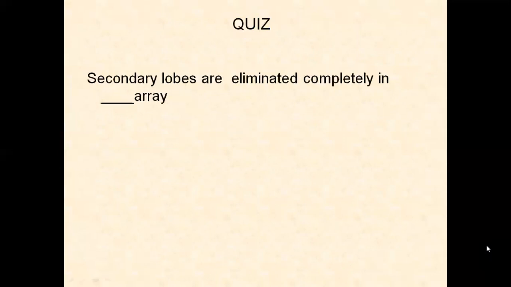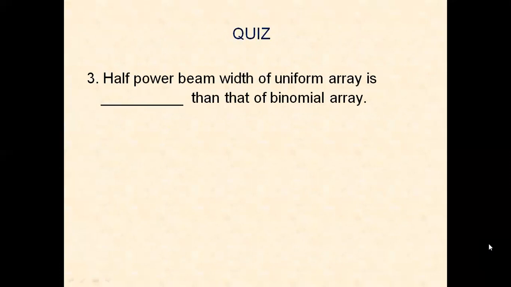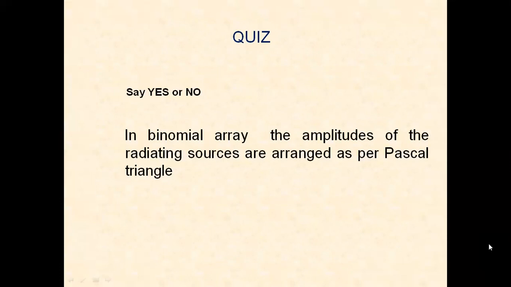The secondary lobes are eliminated completely in binomial array. Binomial array is used to transmit only a single narrow lobe without minor lobes. Half power beam width of uniform array is lesser than that of binomial array. Now answer yes or no.